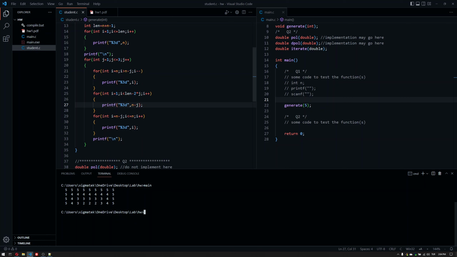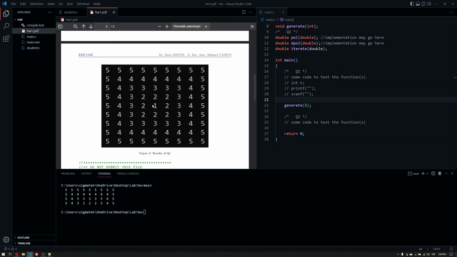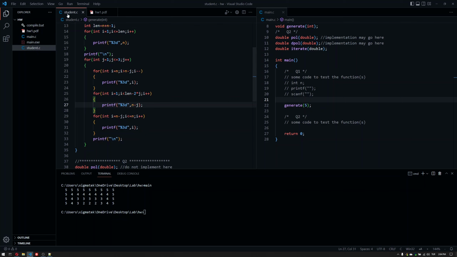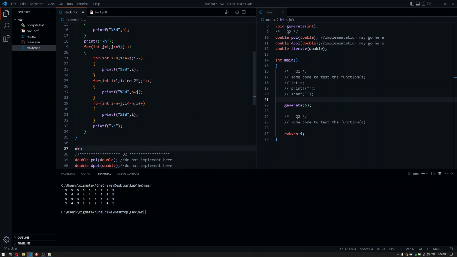I guess when we reach somewhere here, the one in the middle should run 1 time. So, I guess since we have n plus n minus 1 here, what do we subtract from it to get 1?